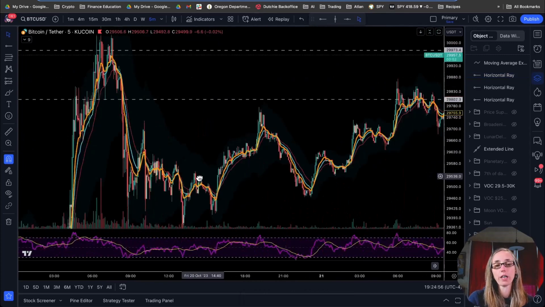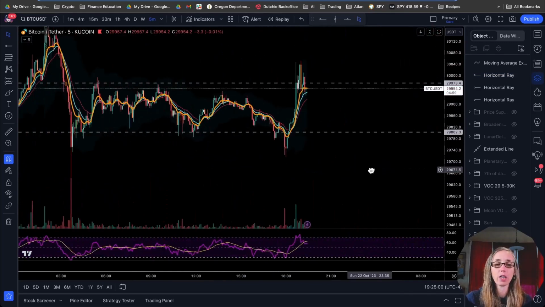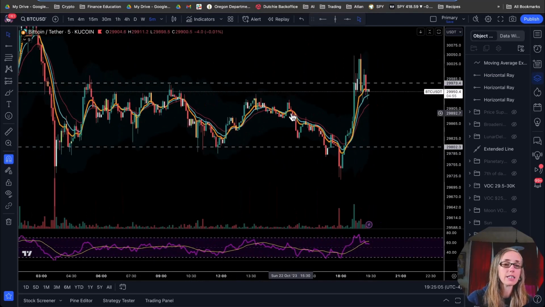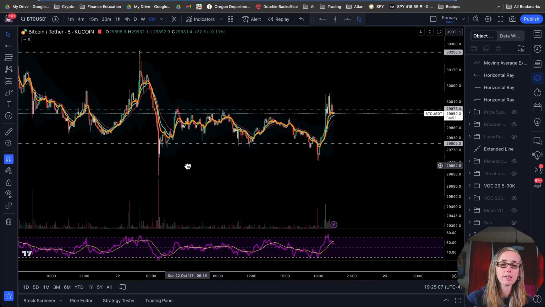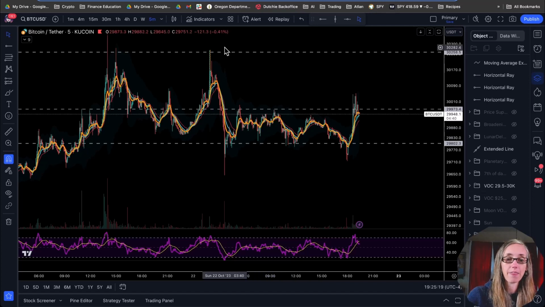Let's move on up here. I want to show you guys something. This is Bitcoin today, right now. And this is fascinating because these dotted lines here are moon void of course periods from a long time ago, as far back as the spring or early summer, and these are reactive today.